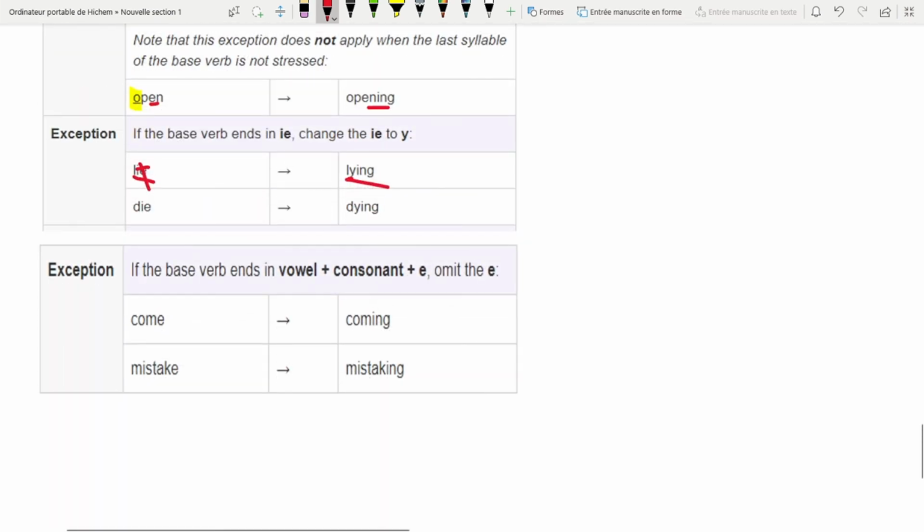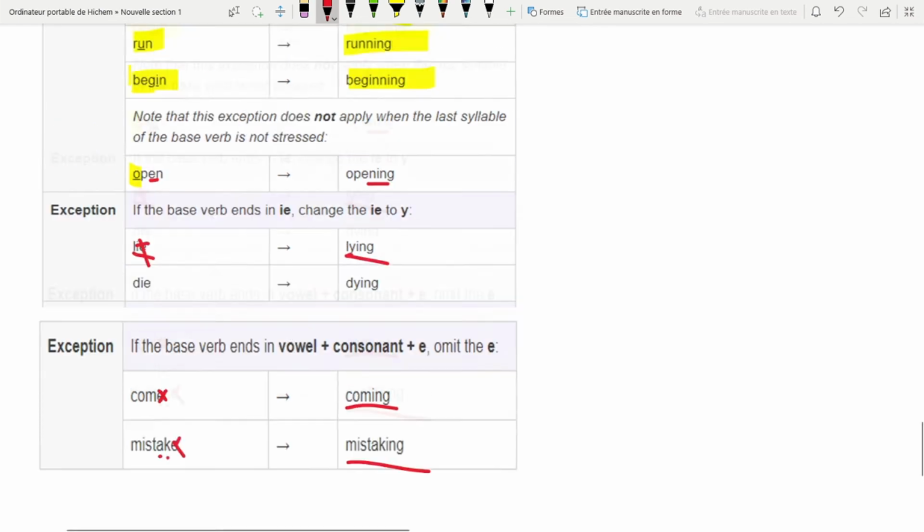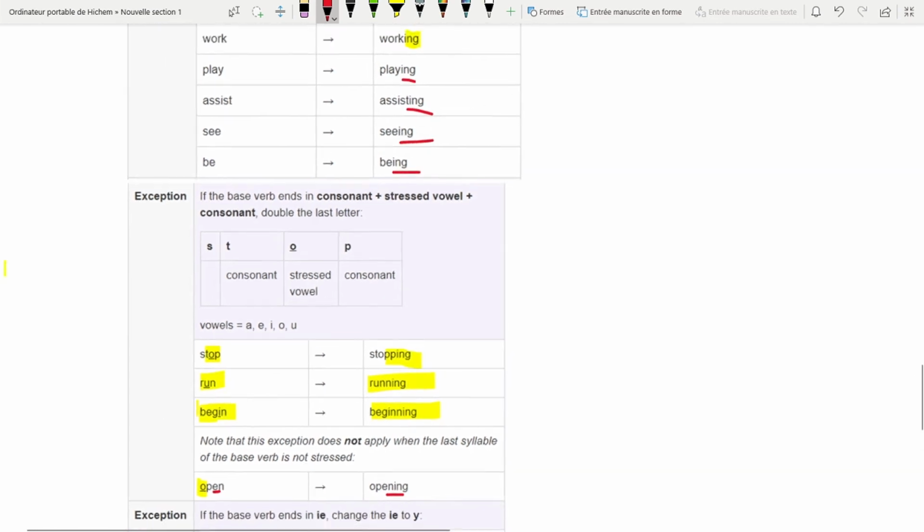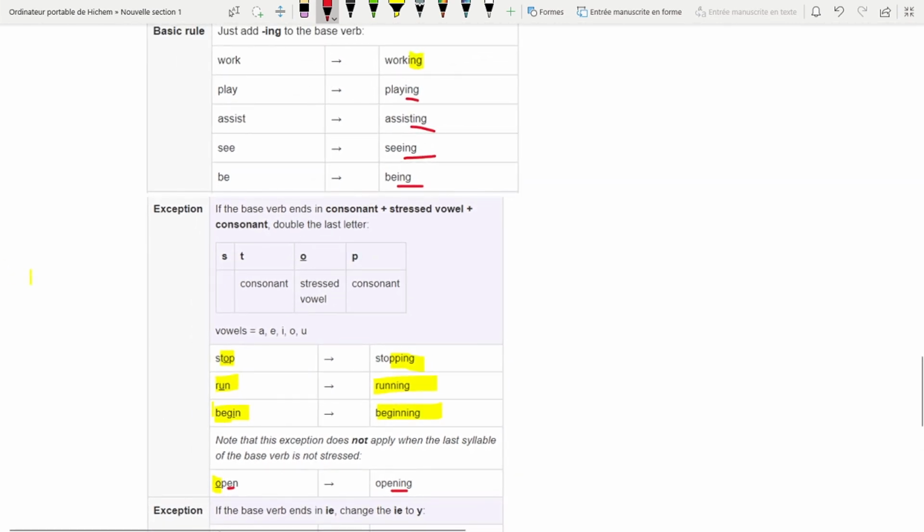And for the last exception, if the base verb ends in a vowel plus consonant plus E, what happens is we omit the E. Come becomes coming without the E. Mistake. So vowel, consonant, then E. This one becomes mistaken. There is no E. Okay, so this is all about today's lecture concerning the present continuous.